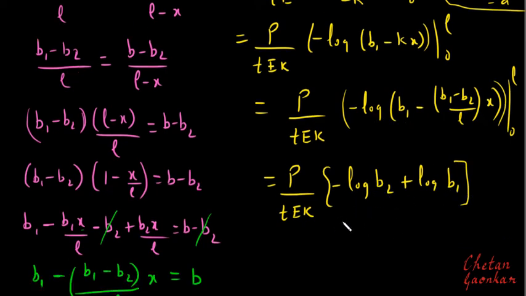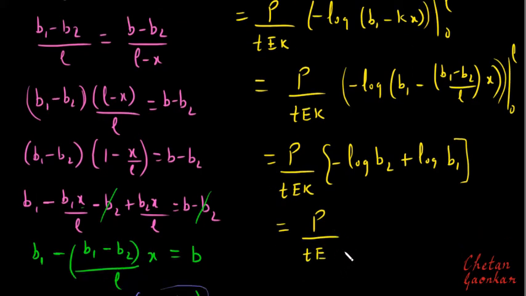Now further I can rewrite this as P divided by TE. In place of K, even here I can substitute this expression, that is B1 minus B2 divided by L, and then this term will finally be log of B1 divided by B2, right?